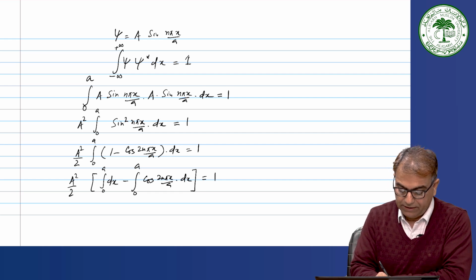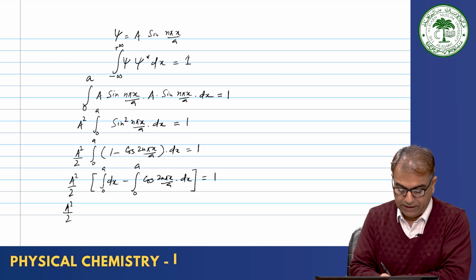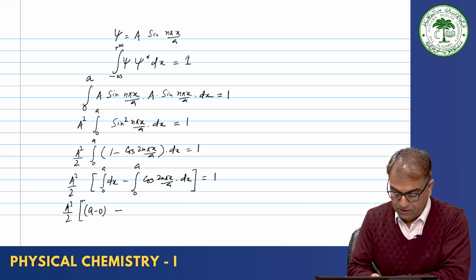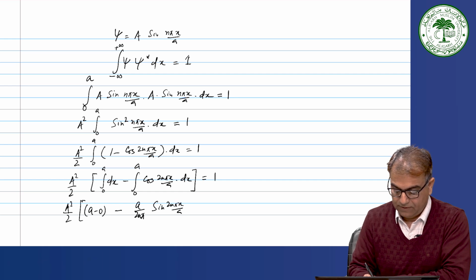Now the integral of this will be: A squared by 2, the integral of the first will be a, so I will write a minus 0, minus the integral of this, which will be a divided by 2 n pi times sin(2 n pi x upon a), between 0 to a.